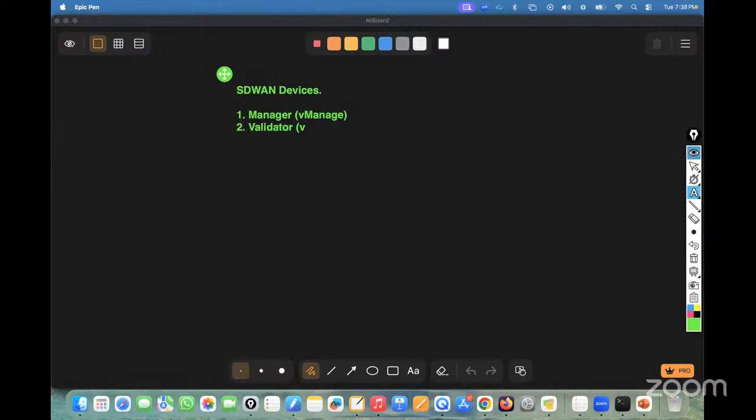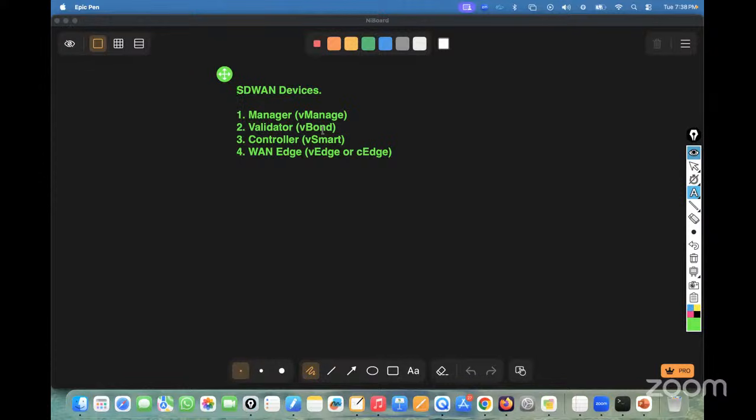The third one is going to be the controller, known as the vSmart. The fourth device is going to be your vEdge or cEdge device. Clear? So I will discuss everything one by one in much more depth.